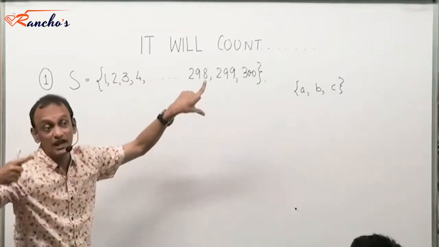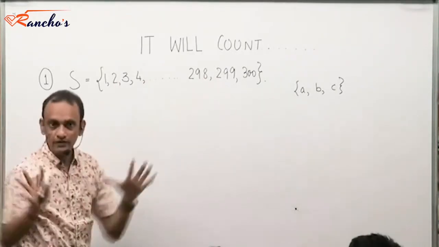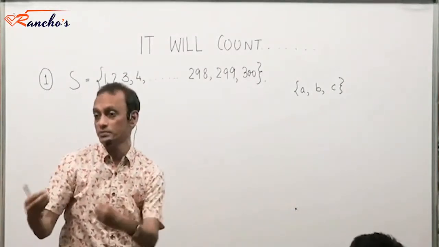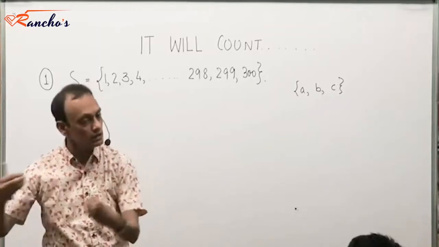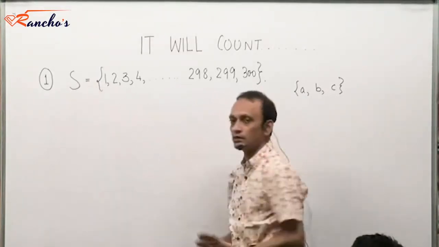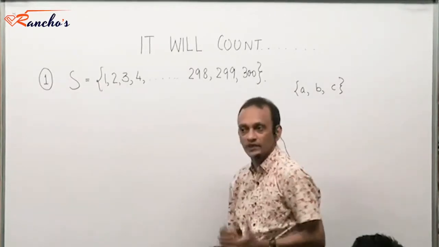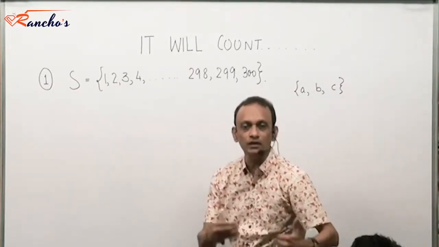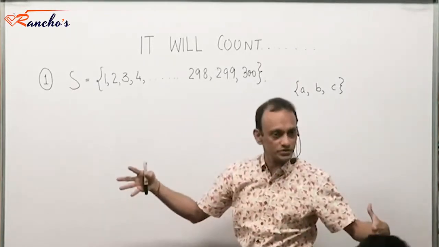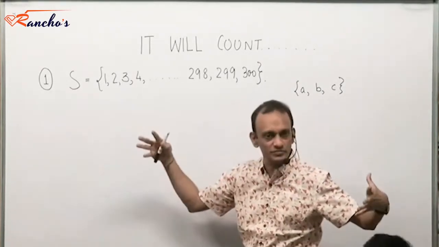Essentially all numbers could be looked upon as multiples of 3, multiples of 3 plus 1 and multiples of 3 plus 2, right? And in a 300 number set, 3k, 3k plus 1 and 3k plus 2 are uniformly and equally distributed in the set.